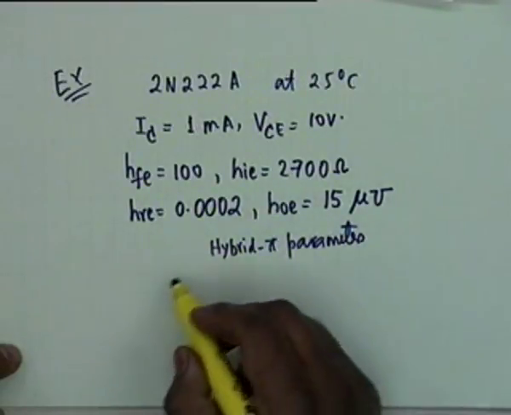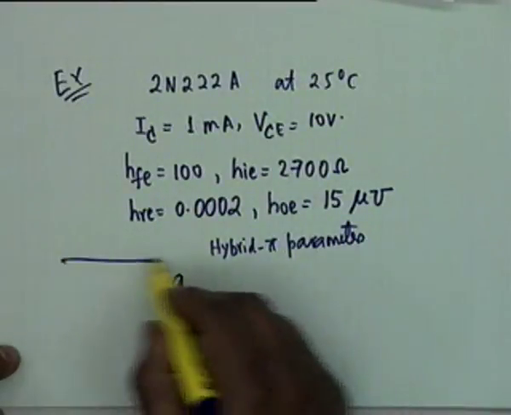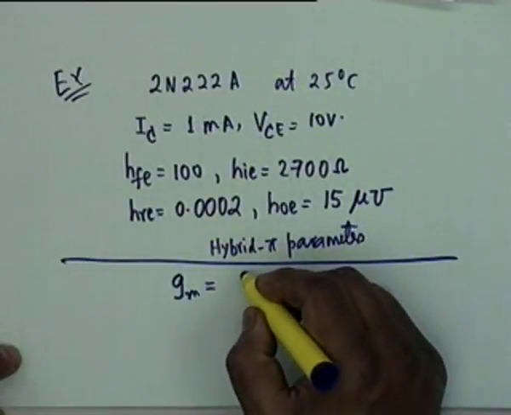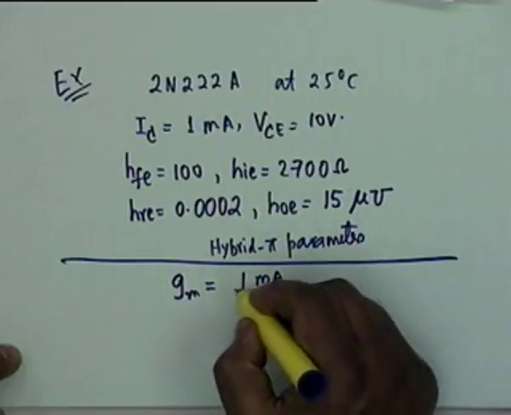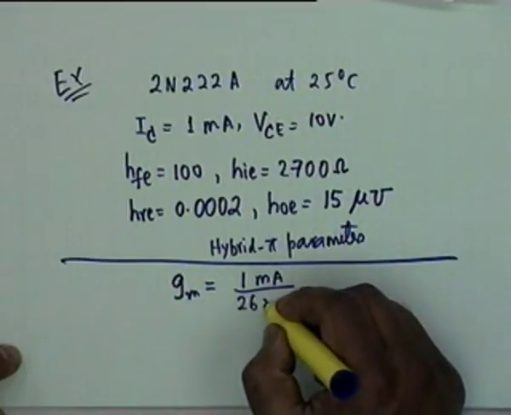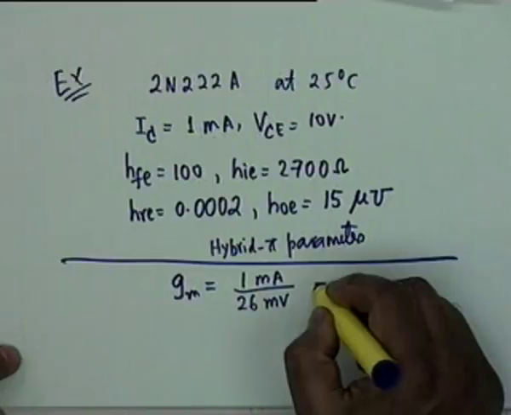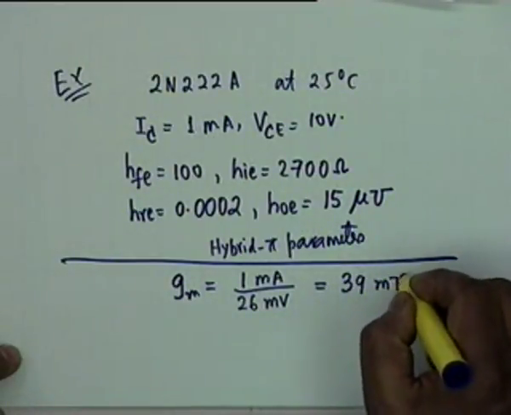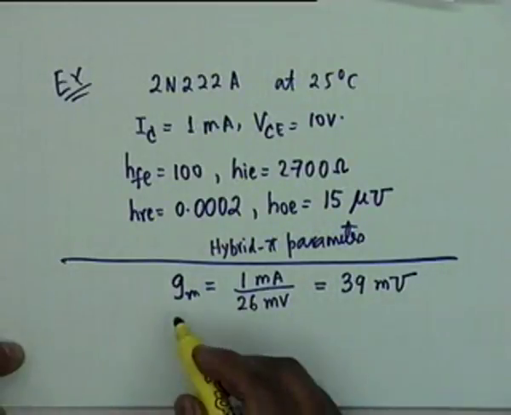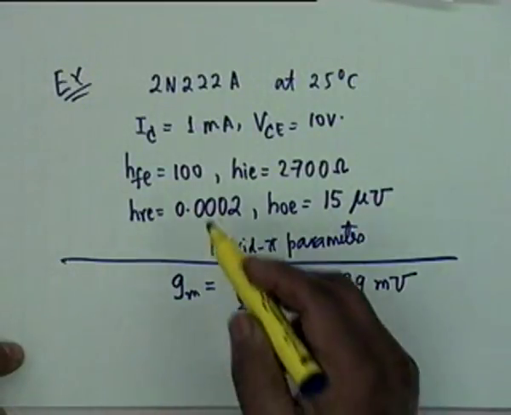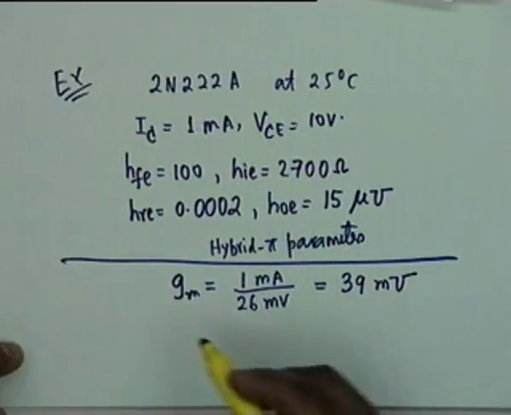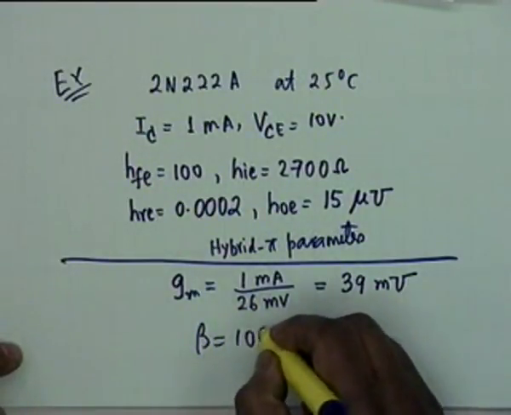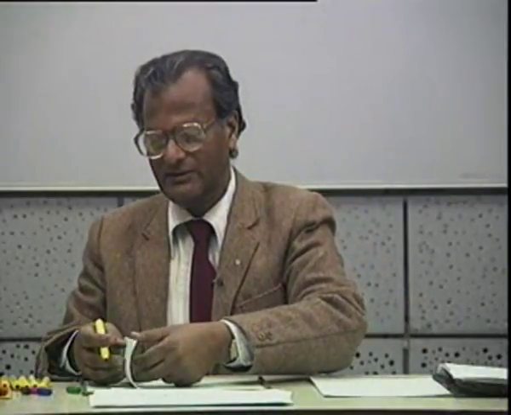The first thing that we do is find out GM. GM is I sub C, 1 milliampere, divided by 26 millivolts. So this is not exactly 40 but 39 millimhos. So you know GM, and HFE has been given, and therefore HFE is beta, therefore beta is 100, which means that you can find out R pi.